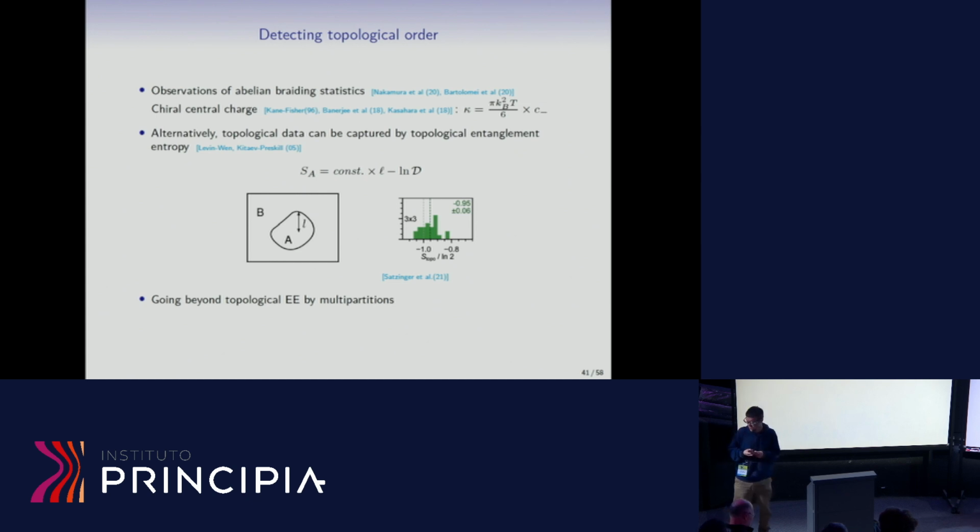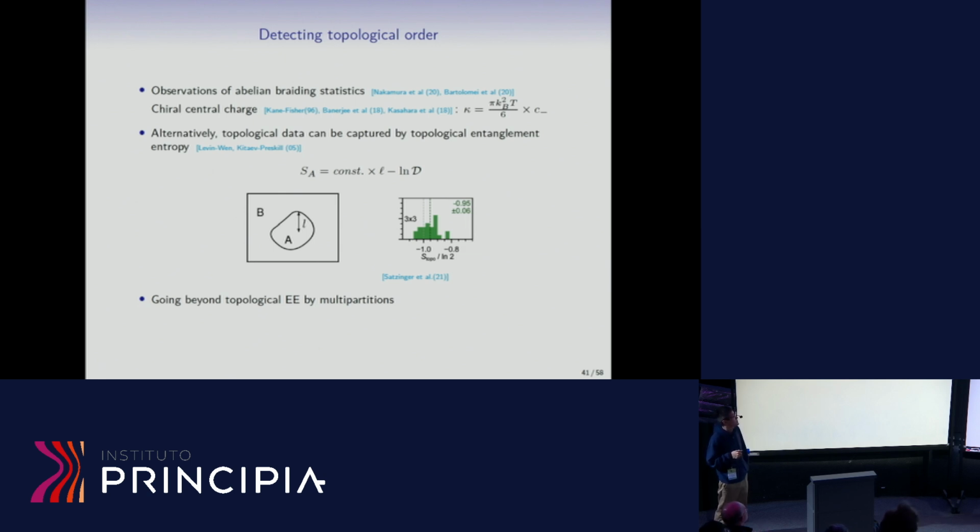To speak about entanglement in topological systems, the natural starting point is the topological entanglement entropy for bipartition. We start with the pure ground state on a 2D plane, and I bipartition the plane into 2 regions.